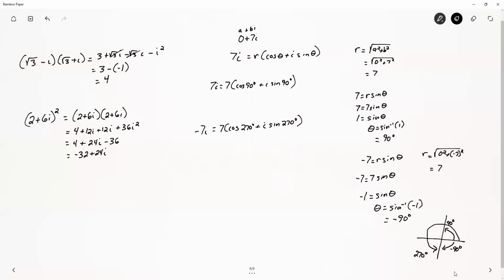Okay? Let's try another one. Let's try negative 6i. Our radius is going to be the square root of a squared plus b squared, which is the positive 36. The square root of 36 is 6. So we have negative 6 is equal to r sine theta, where r is 6.